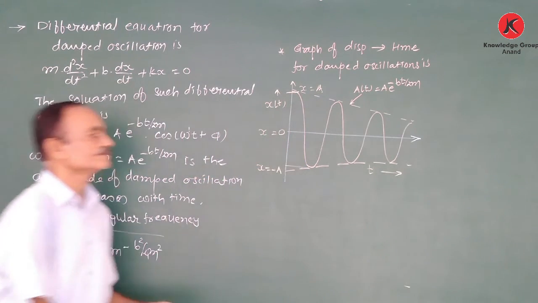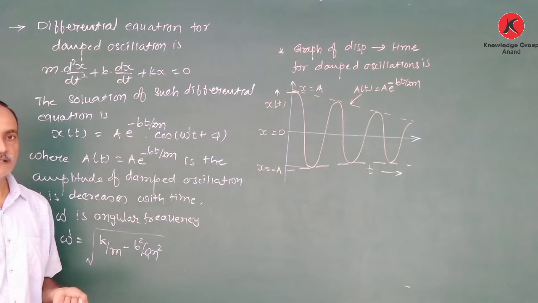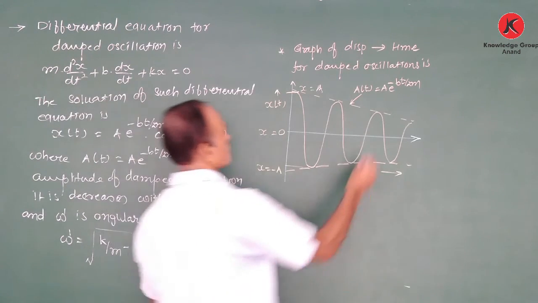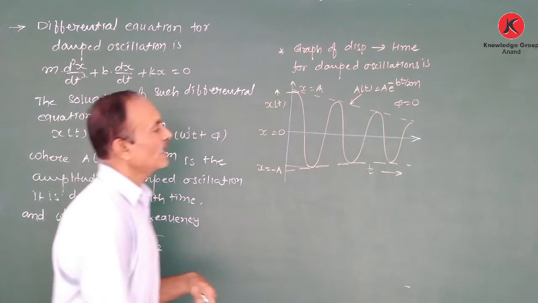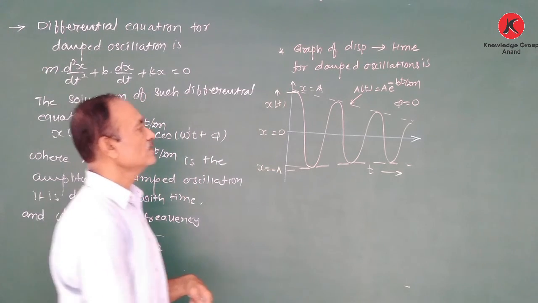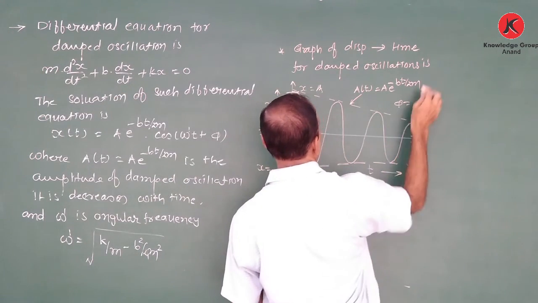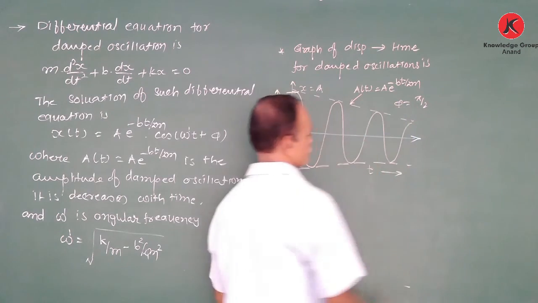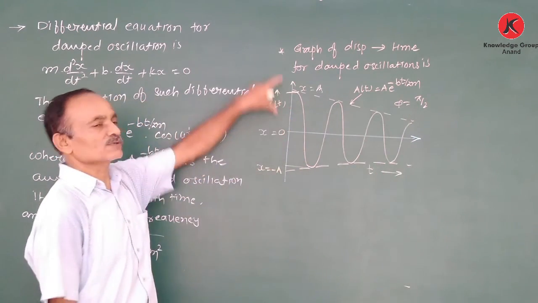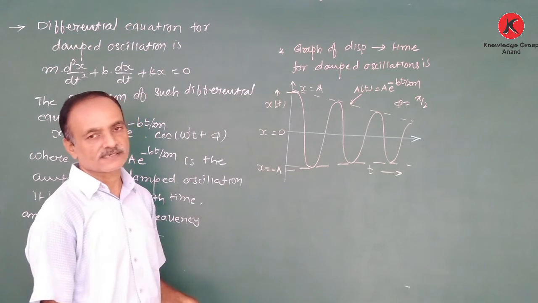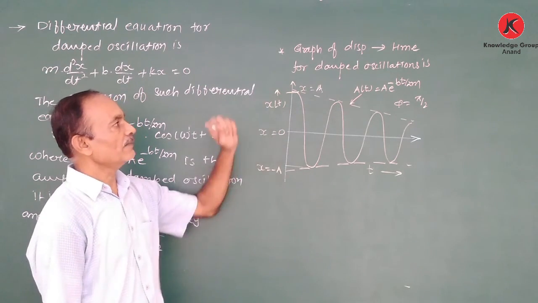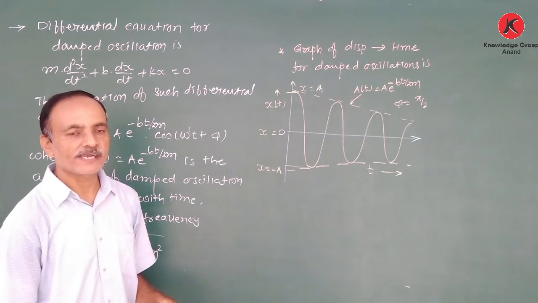Clear? And here the initial phase phi is equal to 0, or phi is equal to pi by 2, because the oscillation is started from the x is equal to plus A position. So there is the graph of the displacement versus time for the oscillation.